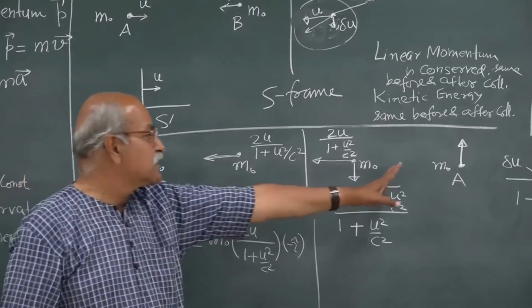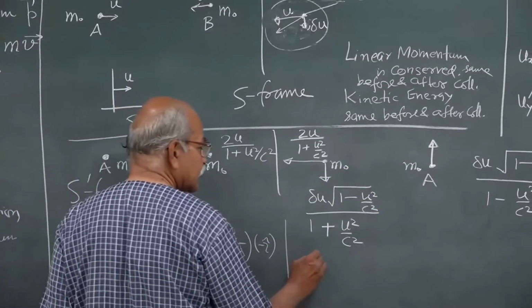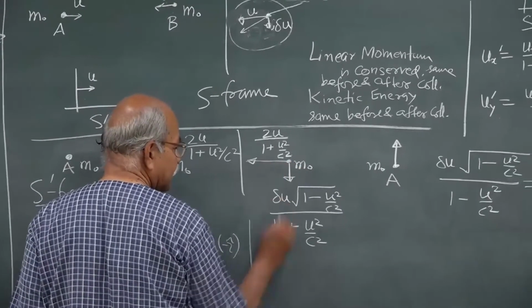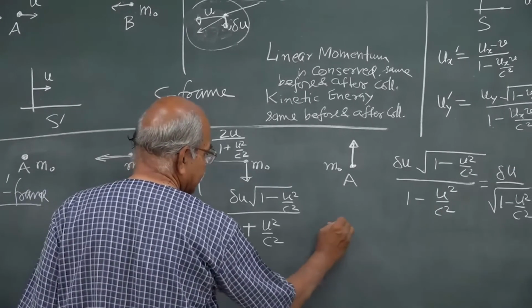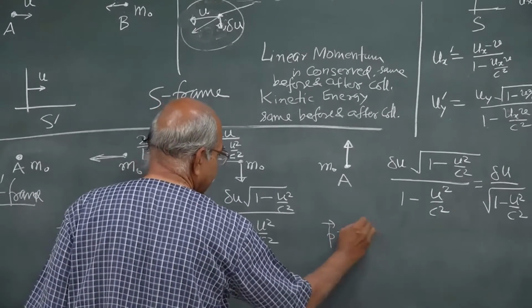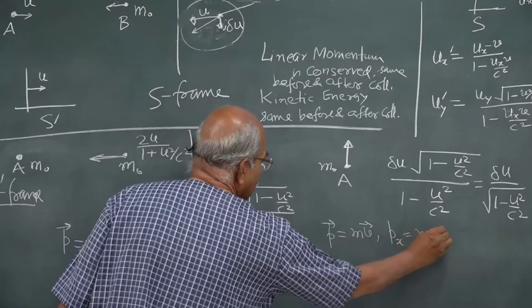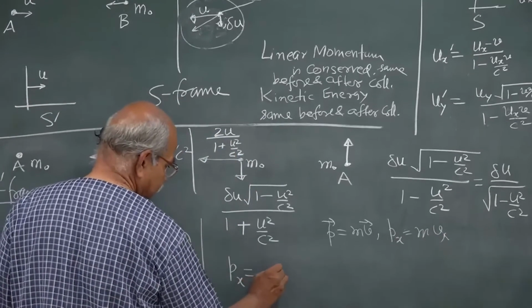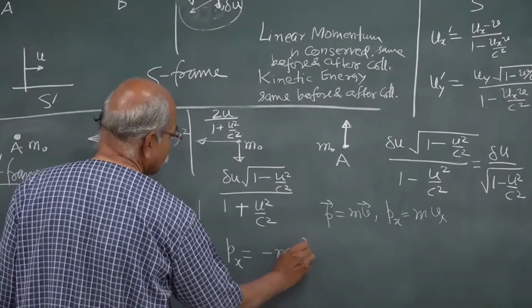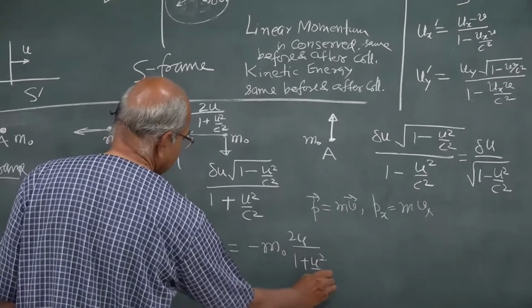What about this picture after the collision? In the x direction, p is mass times velocity, so px is mass times the x component of velocity, and so it is minus m naught 2u by 1 plus u square by c square.